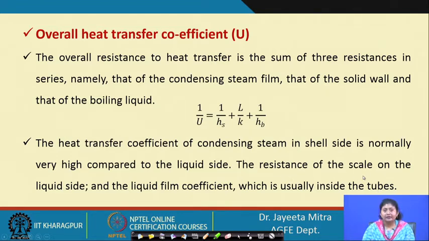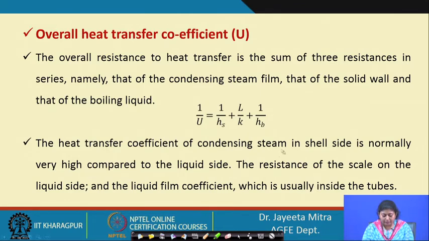Now, since we are using evaporators to concentrate the dilute solution, sometimes what happens is that when these dilute solutions become concentrated, deposition of the solid material in the form of scale happens on the surface where the heat transfer occurs.